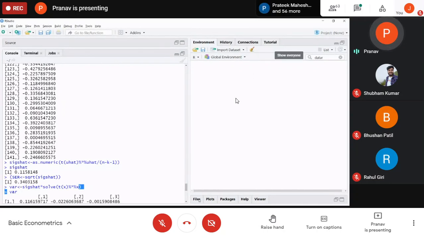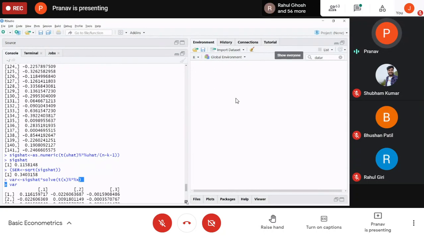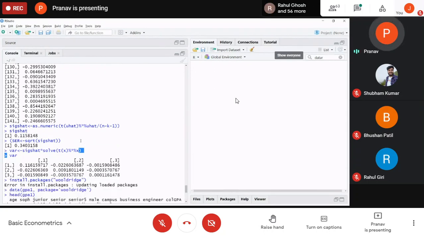So this gives me the variance covariance matrix of this OLS estimator. Now, we have already discussed that the diagonal elements in this case will give me the variance of beta 1, beta 2, beta 3, and all these other off diagonal elements are the covariances. So this is the covariance of beta 1 with beta 2, beta 1 with beta 3.